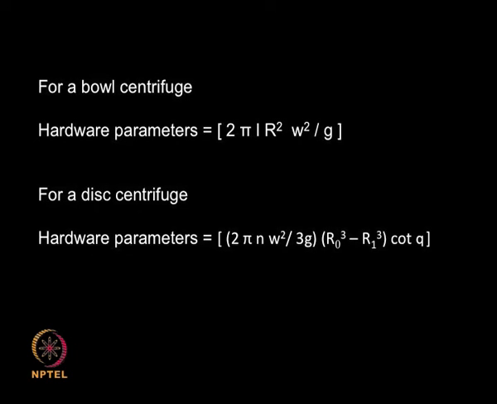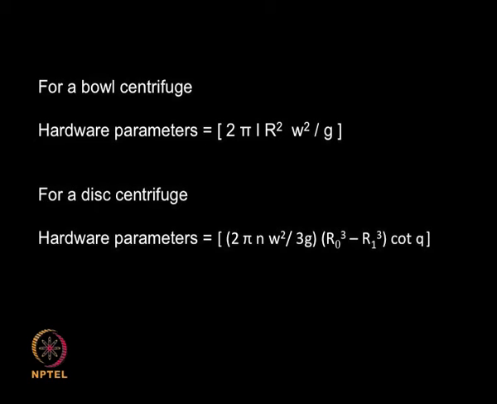Now, let us recall these hardware parameters for bowl centrifuge as well as disc centrifuge. I have shown this set of equations in the previous class. For a bowl centrifuge the hardware parameter is like this, where L is the height or the length of the centrifuge, R is the radius of the bowl, and this is your revolutions per minute. In the disc centrifuge the equations become slightly more complicated because you have several inclined discs.